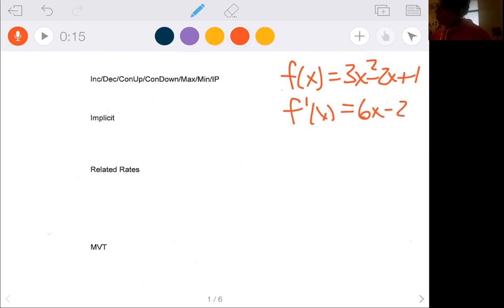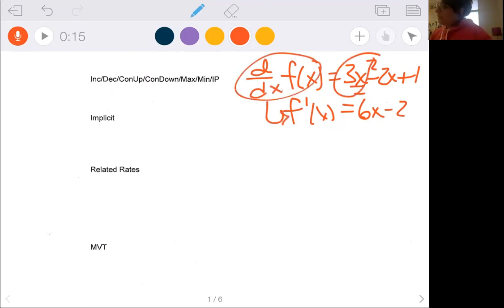I can do each of these terms separately. The derivative of constants goes to 0 because the slope of a constant function, a horizontal line, is 0. Lots of derivative stuff in here, right? There's a lot to review.